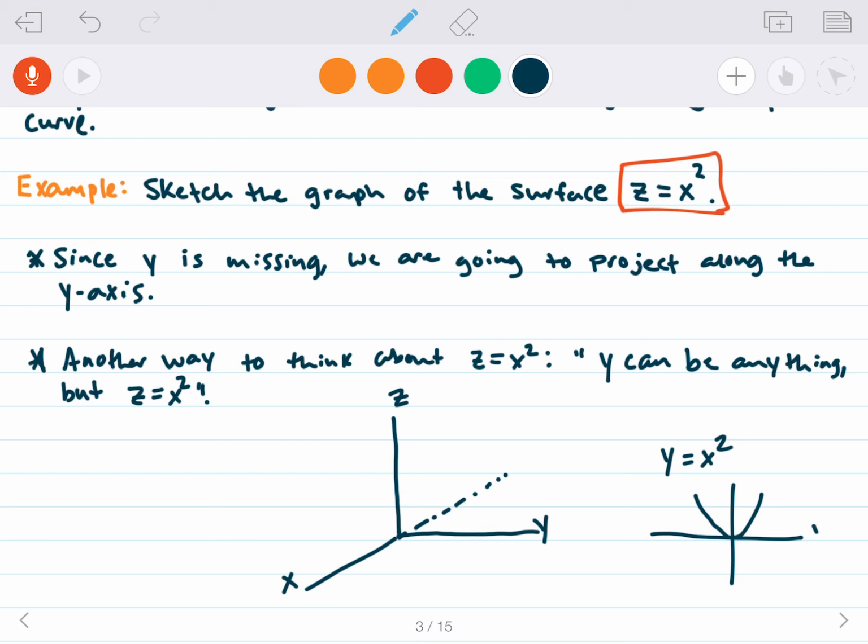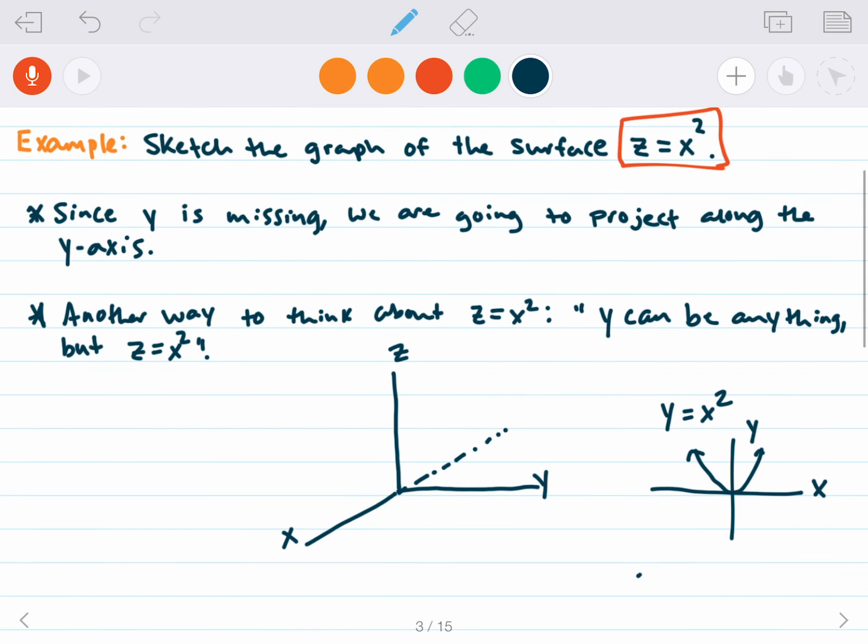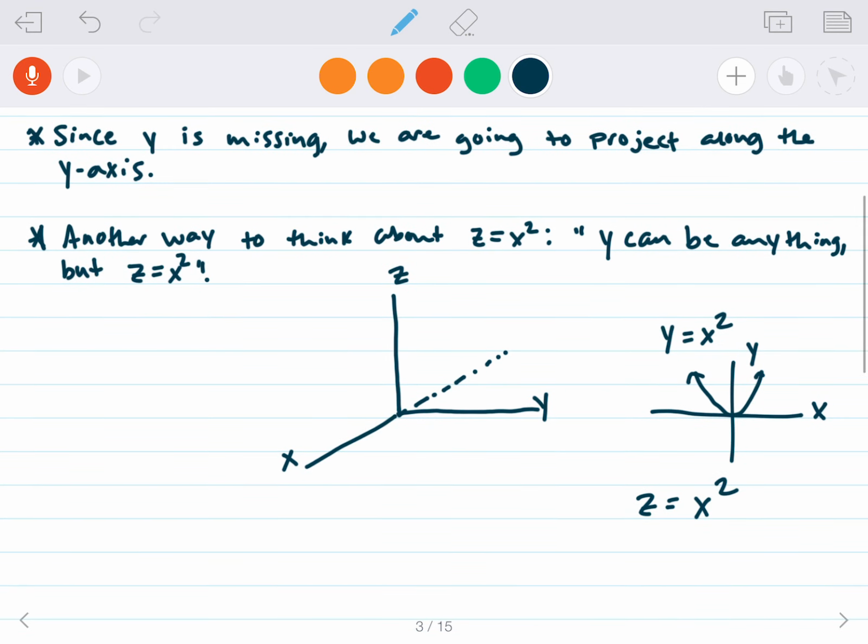We had the x-axis right here and the y-axis right here, and this is what our picture looked like. Now, for z equals x squared, you just want to use this picture to construct your graph, right? The only difference is that now, instead of the y-axis being vertical, the z-axis is vertical.